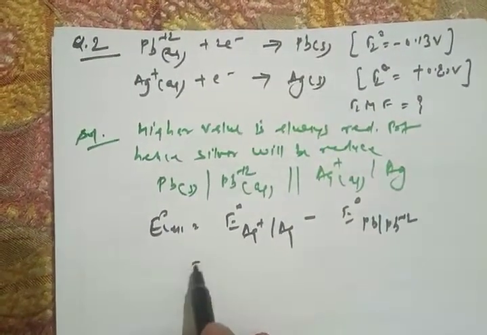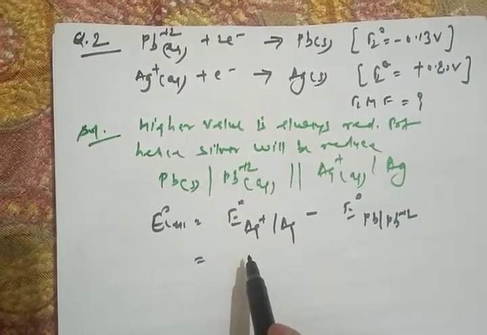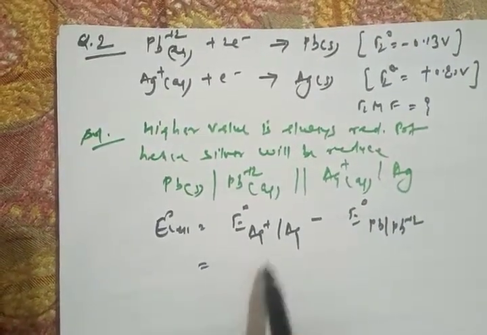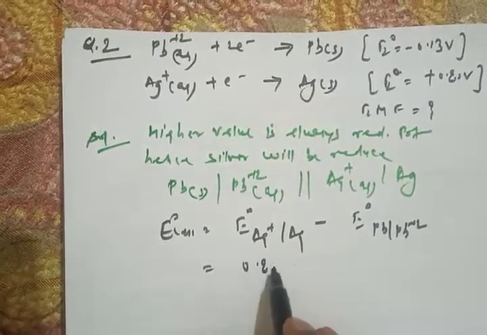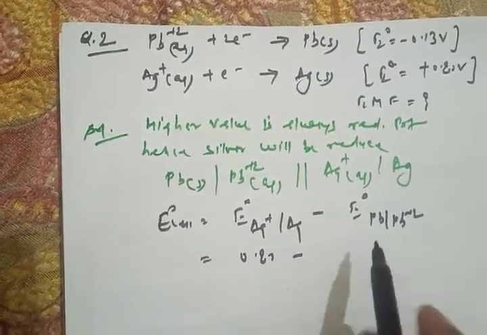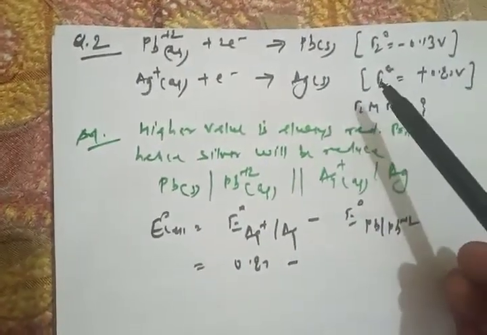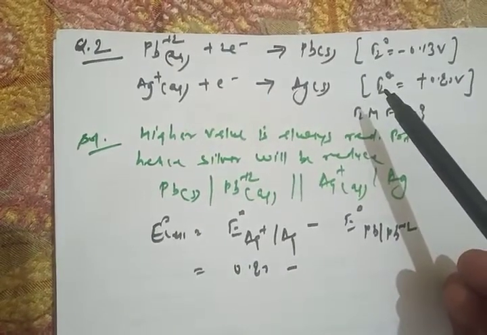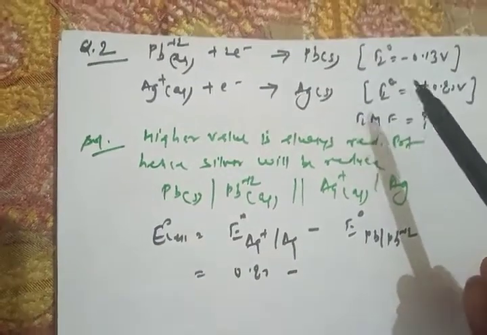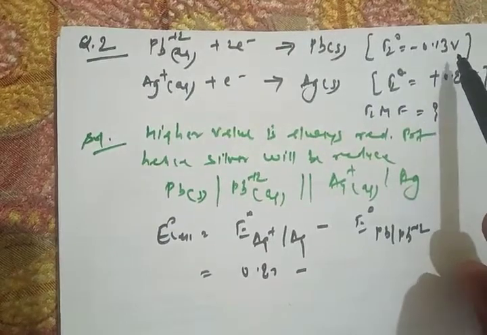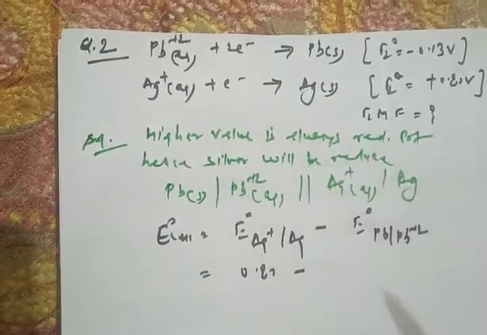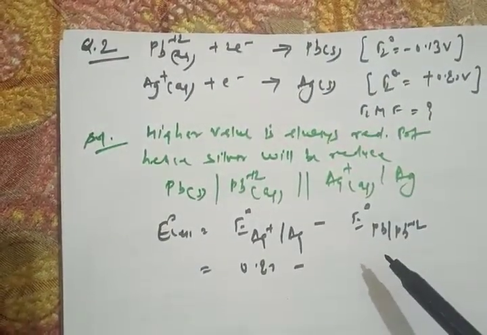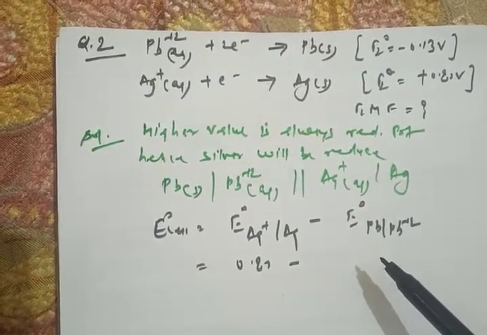So in this case the value for this is 0.80 minus the value given for this, which is negative 0.13.